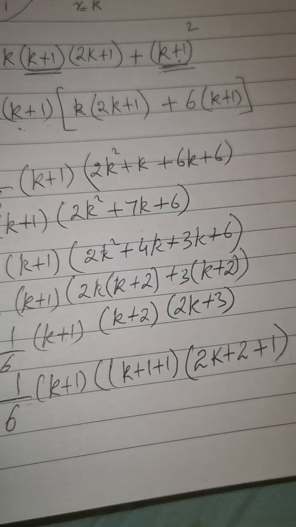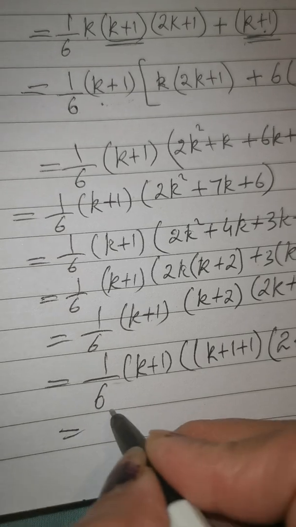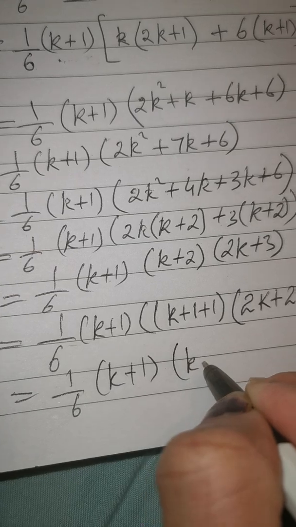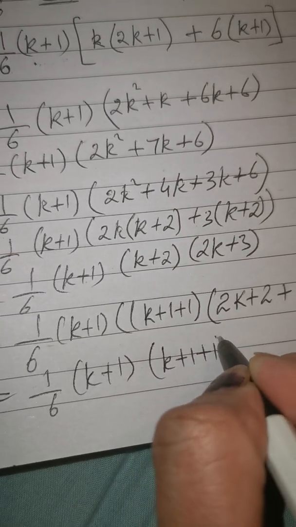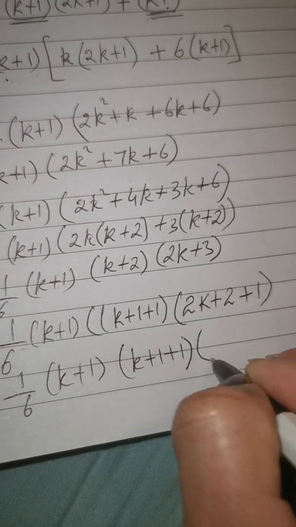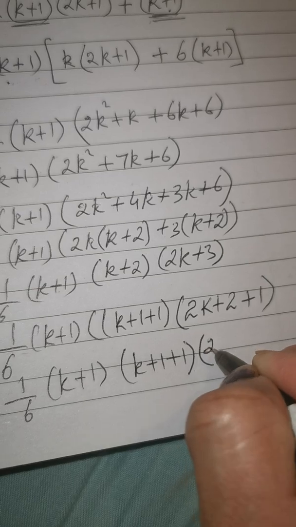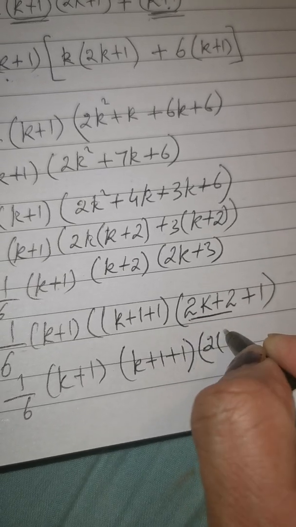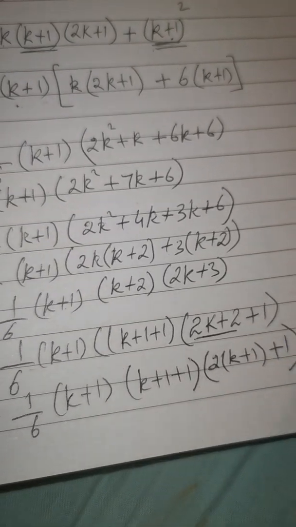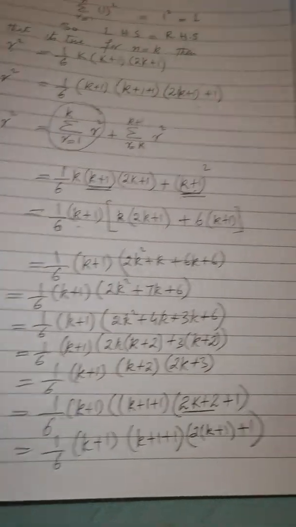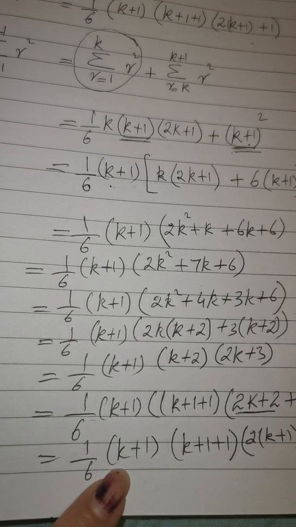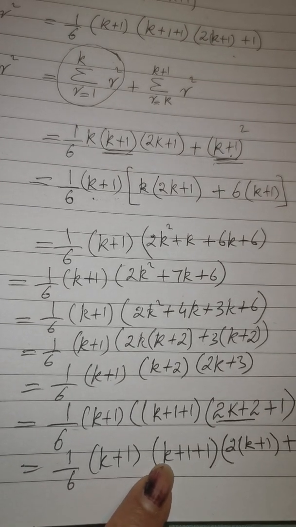You can write it in this way. So we have left 1 by 6 k plus 1, and taking 2 as common from here, I have left k plus 1 plus 1. Now you can see that it will be very clear that wherever there is k, we have k plus 1 here.